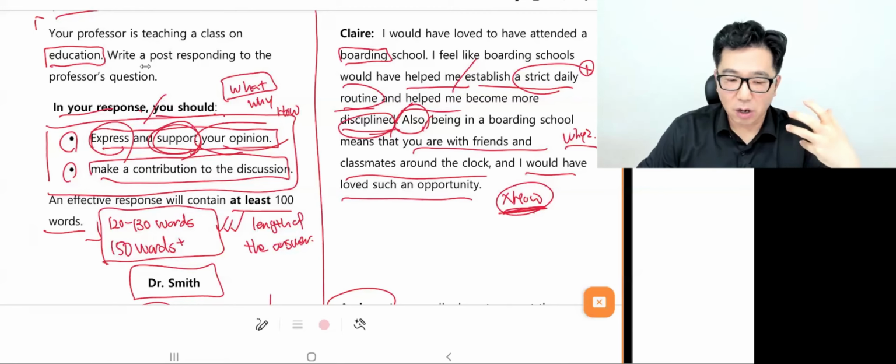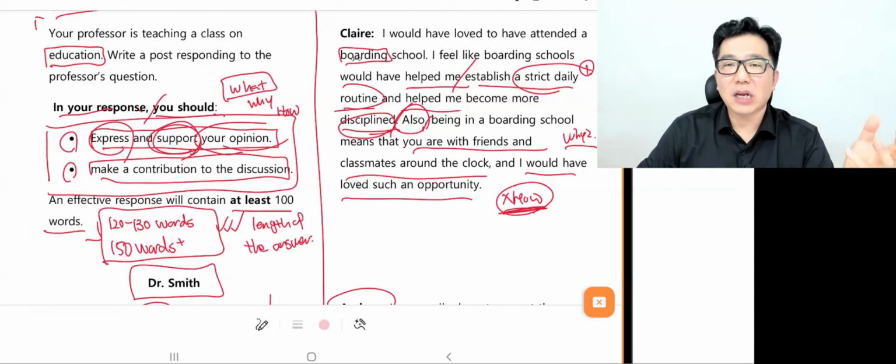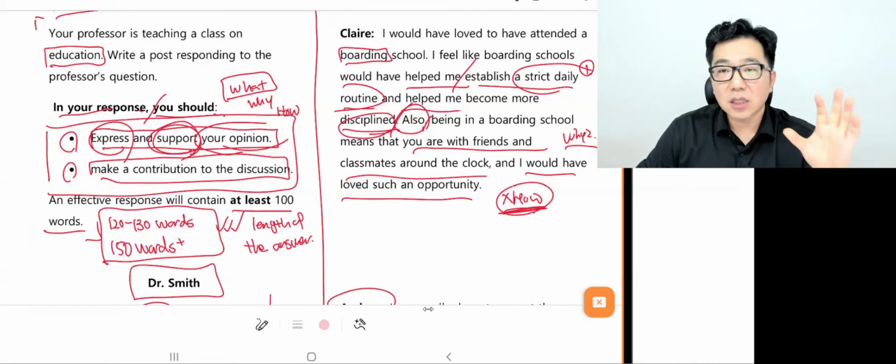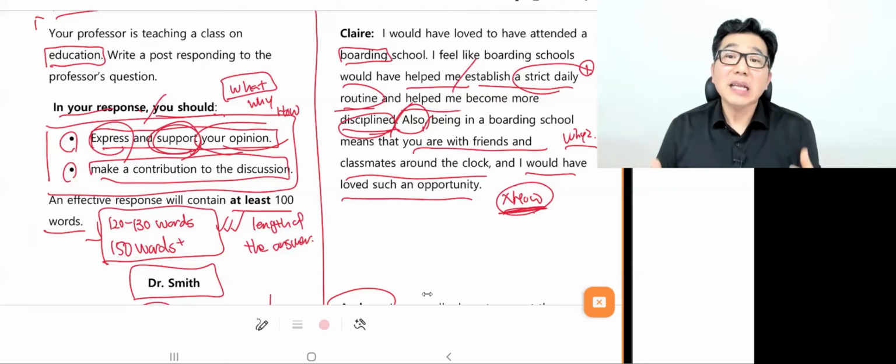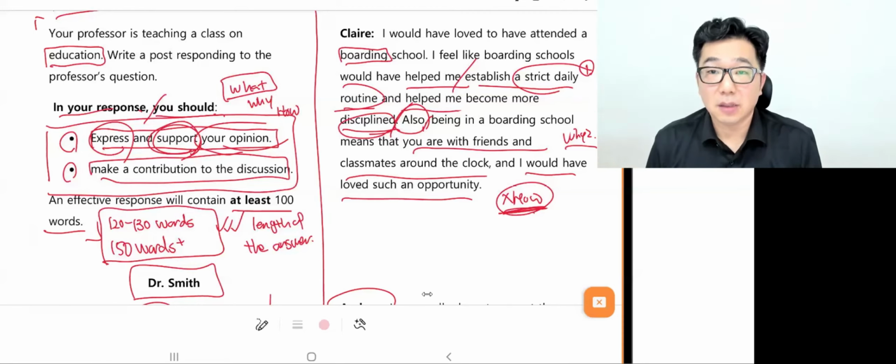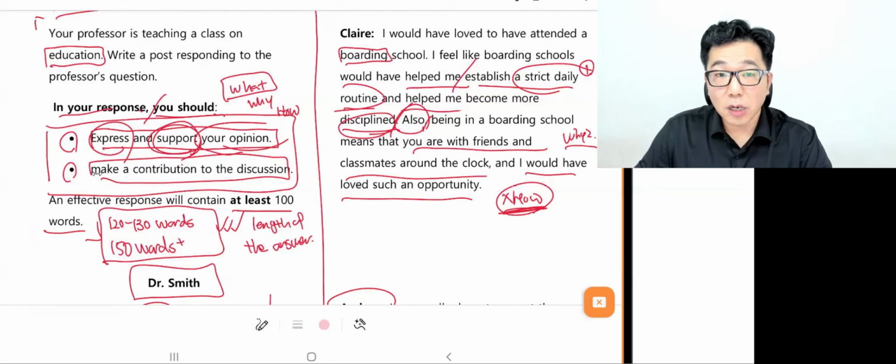Some of them who got the perfect score did not bother mentioning that Claire said that, Andrew said that, and all of them still got the perfect score. So this is proven, and it makes sense logically. Have a think about it. As long as you make a contribution to the discussion, then you're fine.